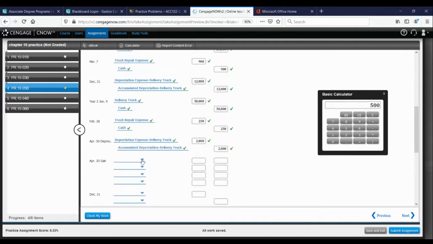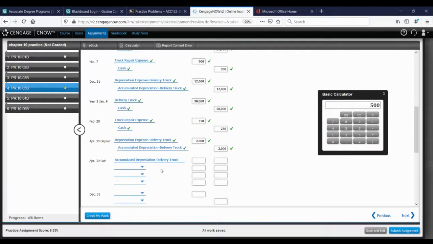So when we're recording the sale, first of all, what I would suggest is that you would most likely debit cash. In this case, they didn't give me an account called cash, so I went to my second debit that I would normally do, which would be a debit to the accumulated depreciation.